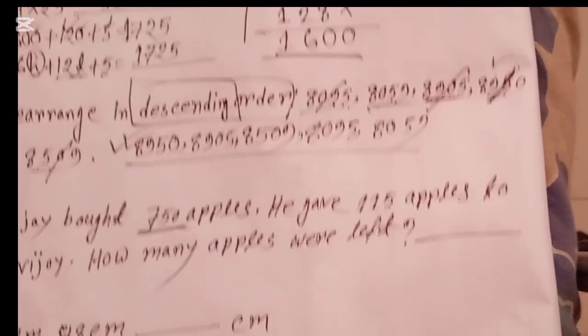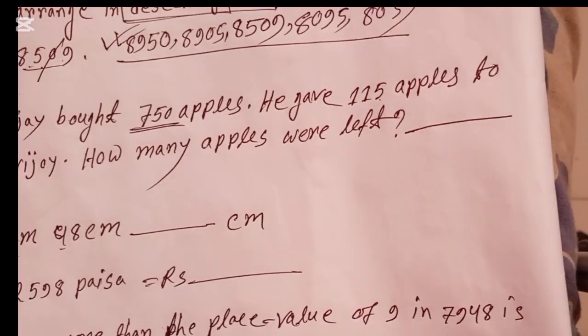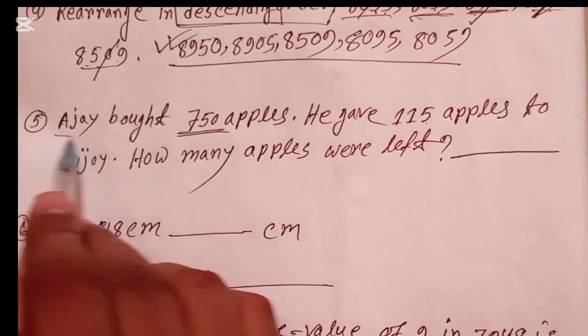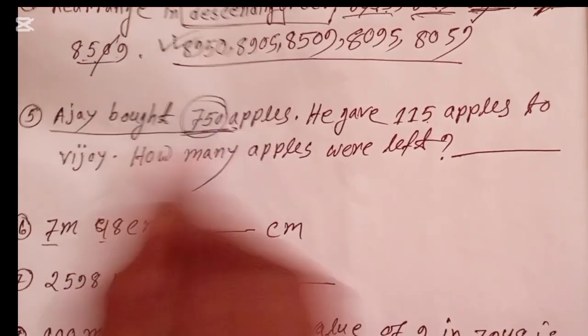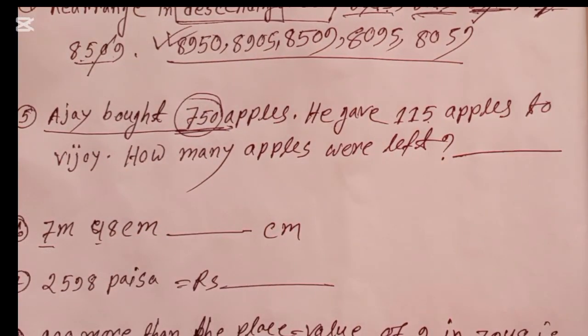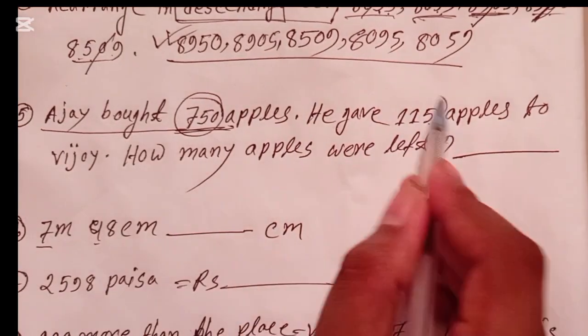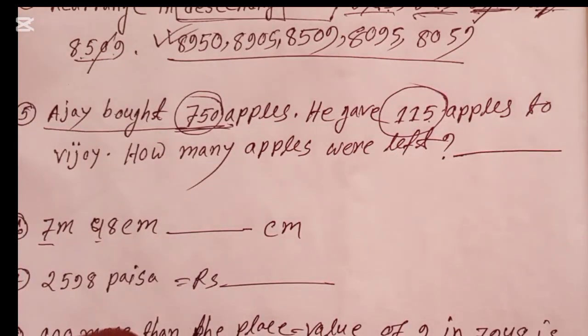Okay, the next one is: Ojoy bought 750 apples. He gave 115 apples to Vijoy. How many apples were left? So we can see Ojoy bought a total of 750 apples, but he already gave Vijoy 115.